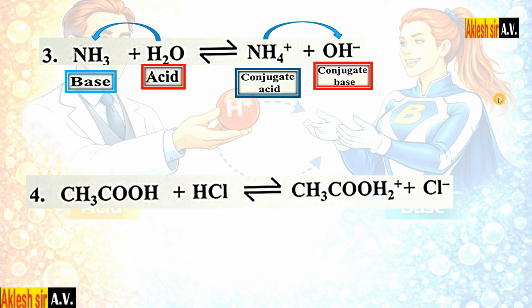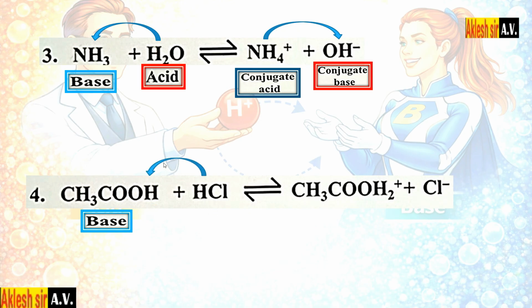Next example, acetic acid reacts with HCl to give CH3COOH2 plus and Cl minus. Here CH3COOH is acting like a base. Why?